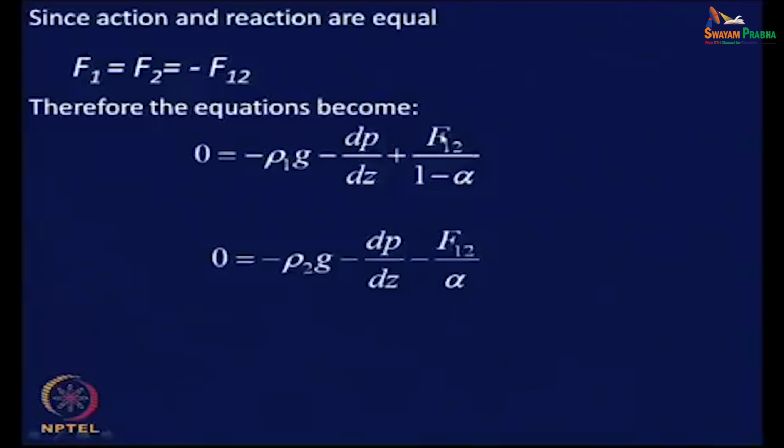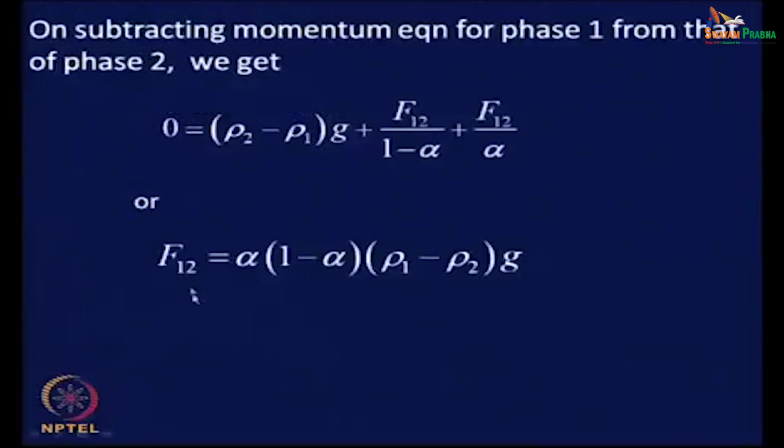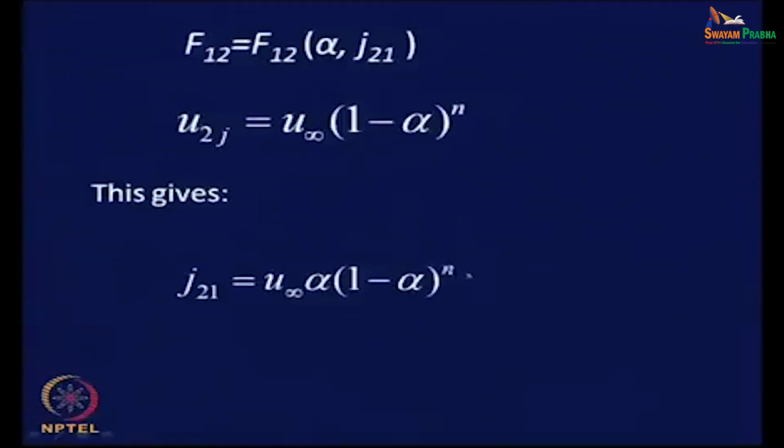Even the wall interactions are not important, and under no condition did I include F22 in this particular case. So, finally, from here we got this particular expression from which I have obtained this equation.